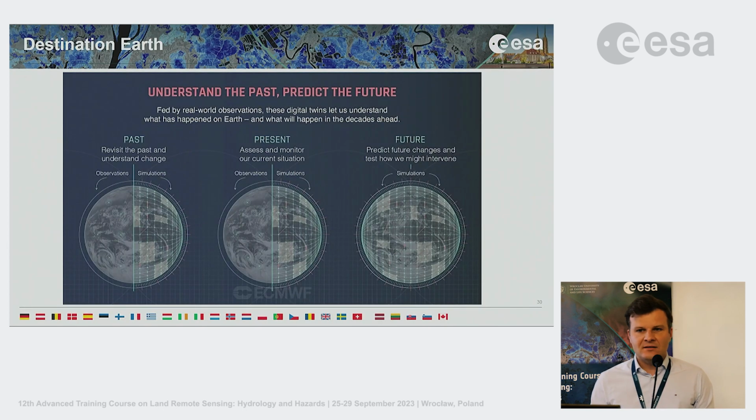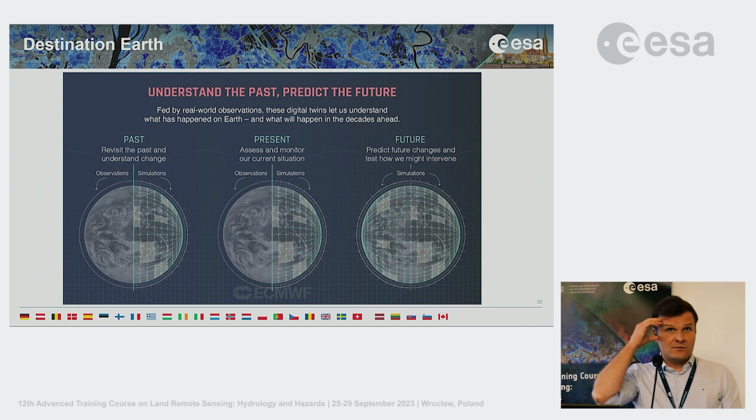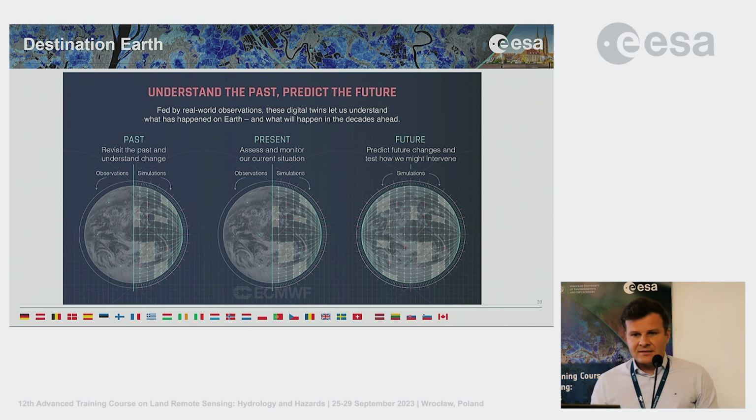And this is happening in the Destination Earth program, which was already mentioned here. So Destination Earth is basically a program of the European Commission aiming at building the digital replica of Earth for various reasons. I mean, of course, we want to understand the processes. We want to reconstruct the past.